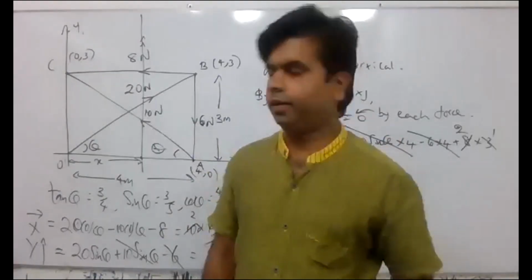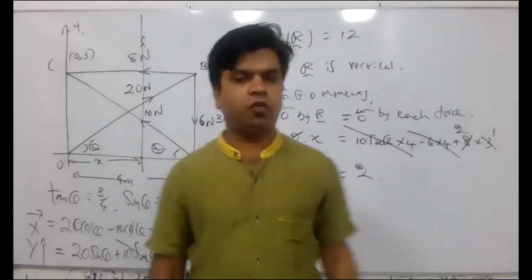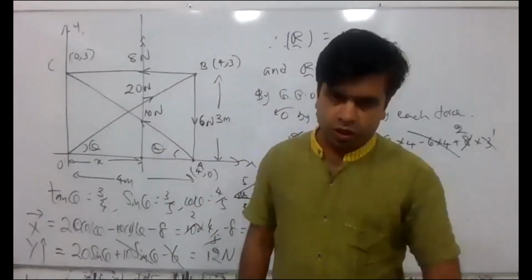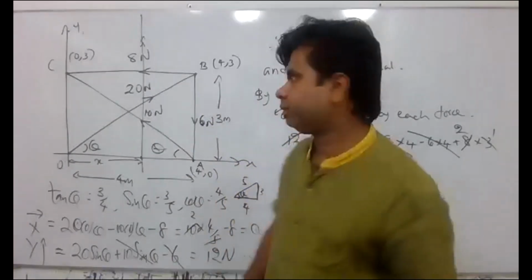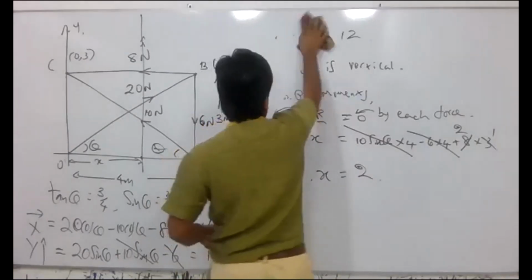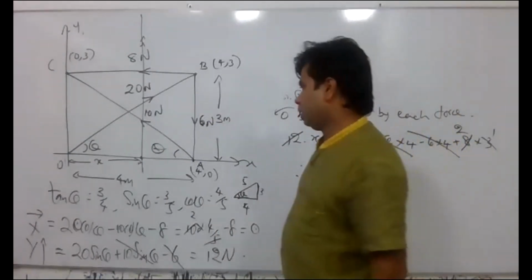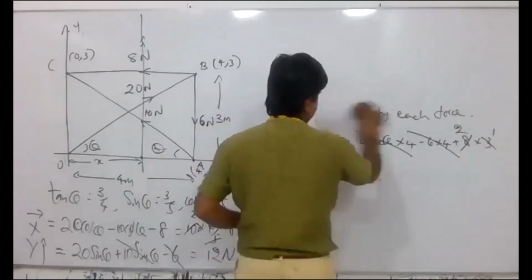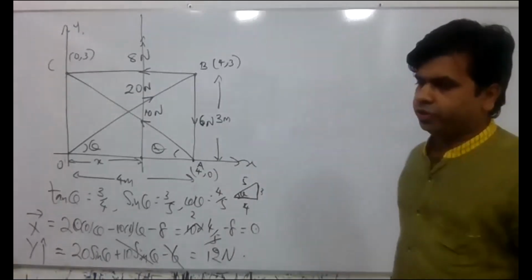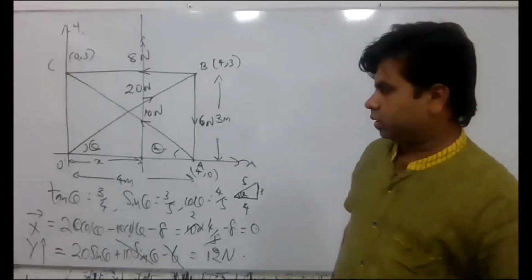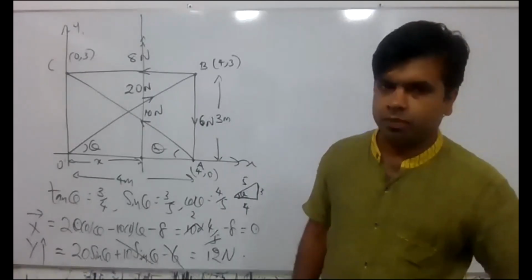Mark the second part and write down: if an additional force of magnitude 12 Newton is given to the system along OA, actually write down with a bracket, while other forces remain same.